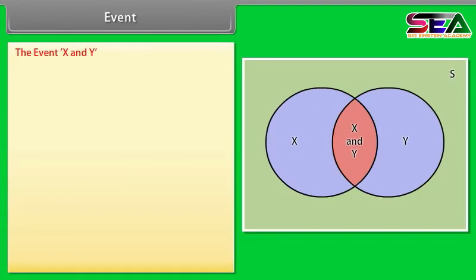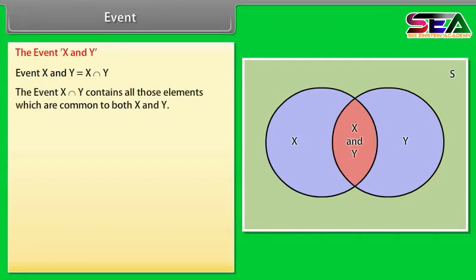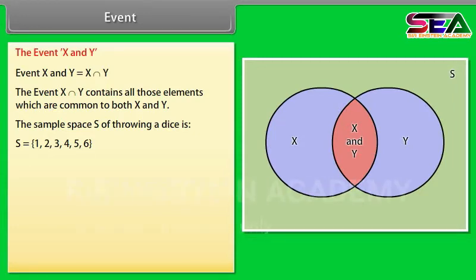The event X and Y. Event X and Y is equal to X intersection Y. The event X intersection Y contains all those elements which are common to both X and Y. To understand it, let's take an example. The sample space S of throwing a dice is S is equal to {1, 2, 3, 4, 5, 6}.